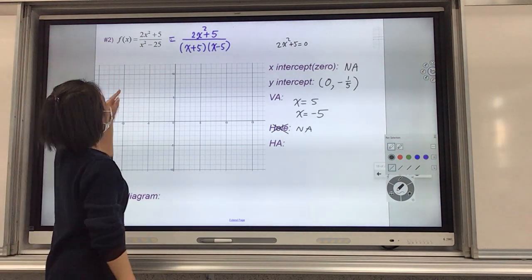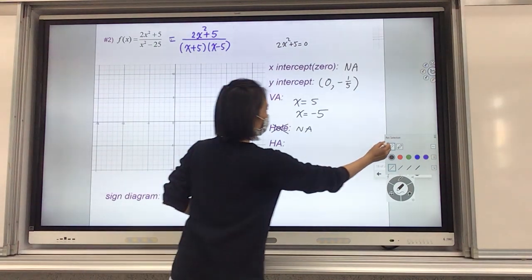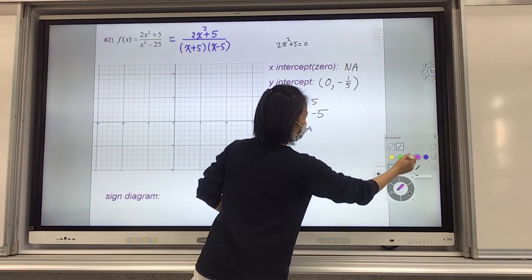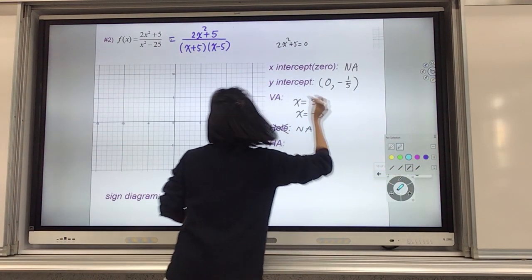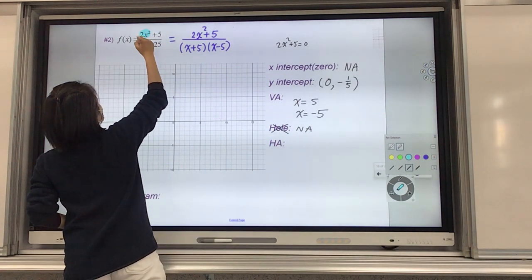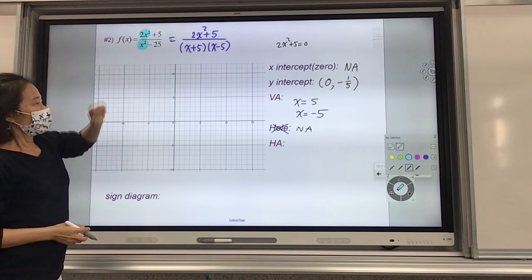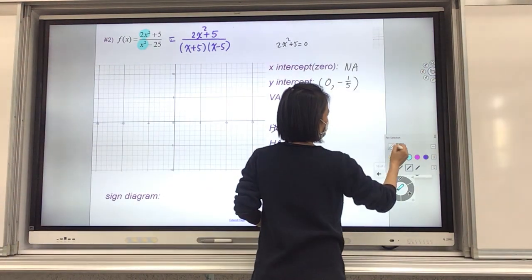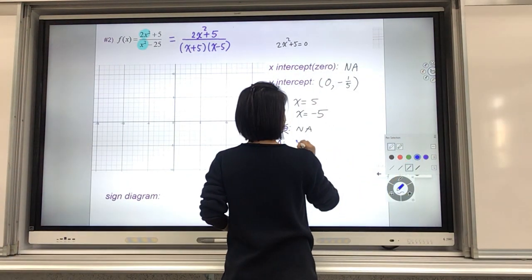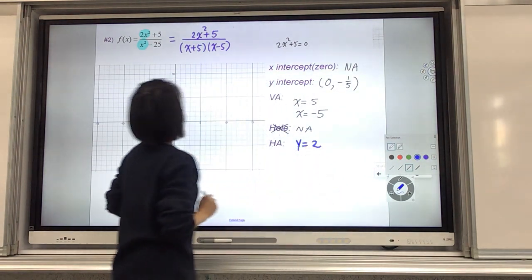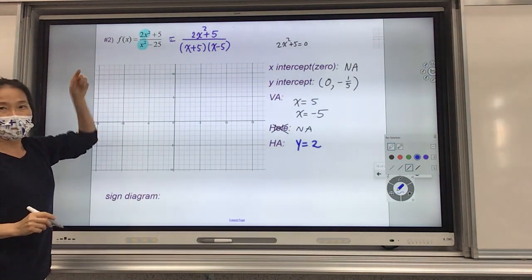Y equals 2. Which term is in charge when it comes to a big value of x? Take the leading term and divide. They have the same degree.